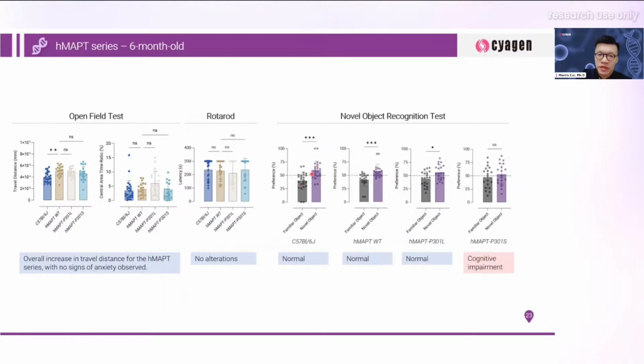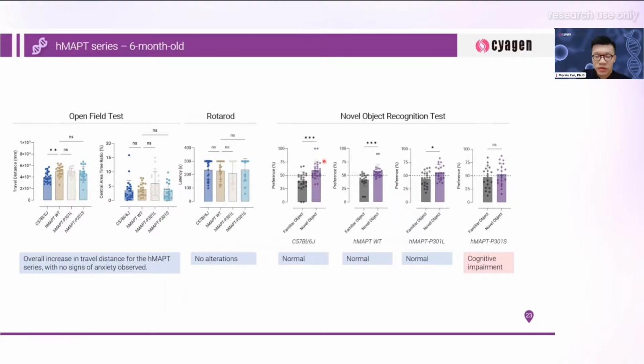Here you see the comparison of the time spent for the mouse to explore the familiar object in comparison to a newly put object in the arena.